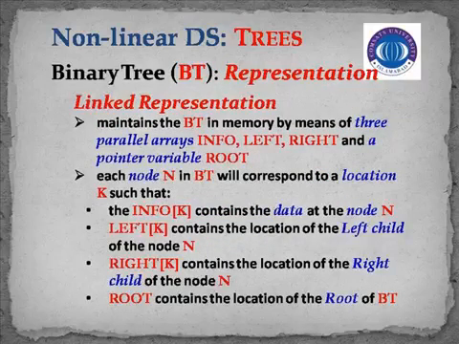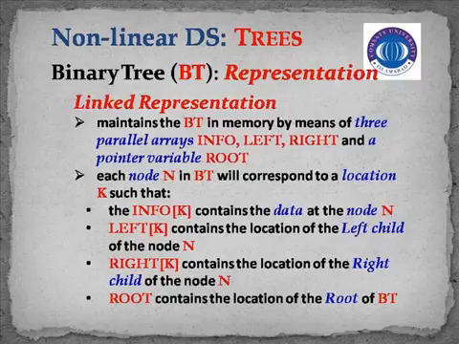Dear students, the binary tree may be represented in the memory in 2 ways, either linked representation or sequential representation. The linked representation maintains the binary tree BT in memory by means of 3 parallel arrays, namely info, left and right, and a pointer variable root is also defined.